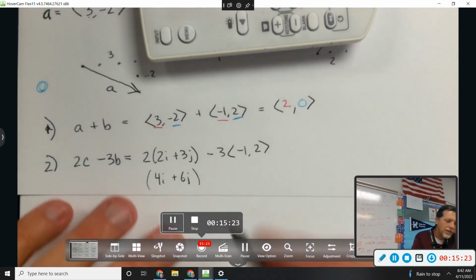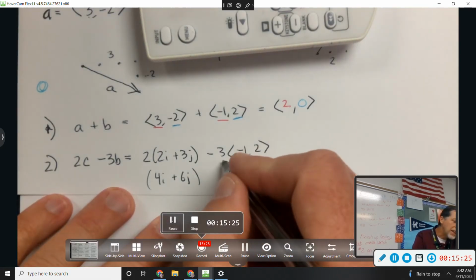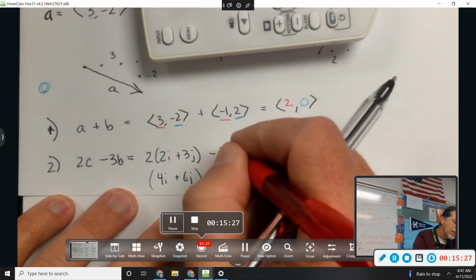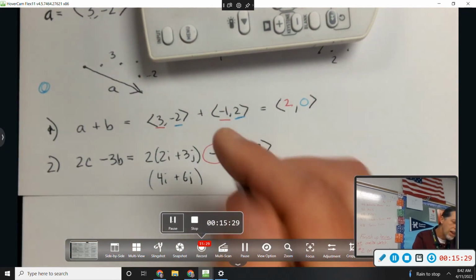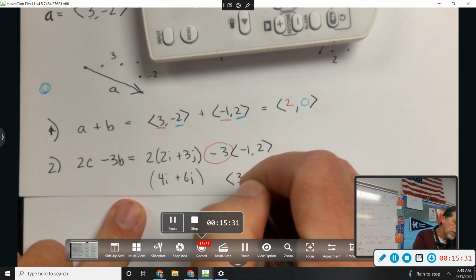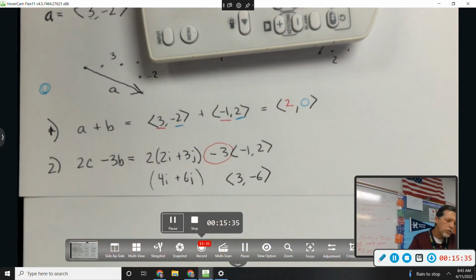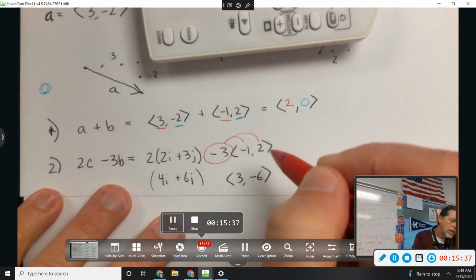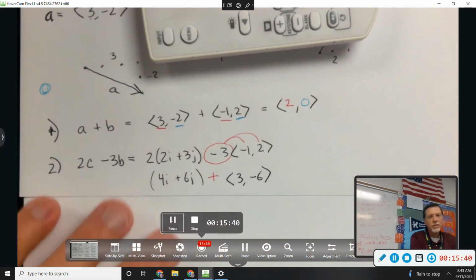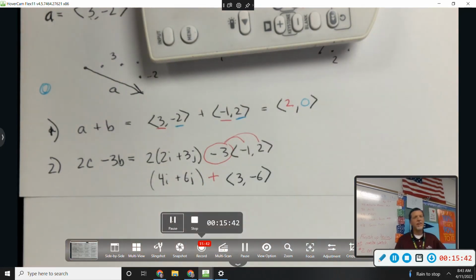It doesn't matter. If I distribute the -3, here's where we need to be careful. Then I get 3, -6 because I distributed the negative. But that's now a plus because we took the minus sign. We've already used the minus sign. I guess the other thing is you could distribute the 3 and leave the minus sign. But eventually you've got to consider that negative sign going to both of them.